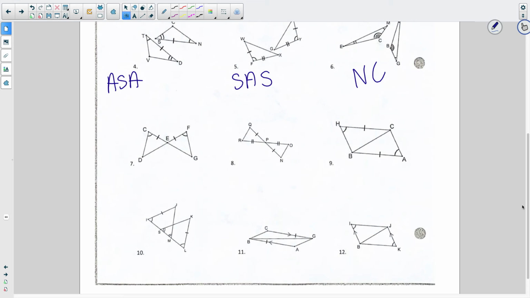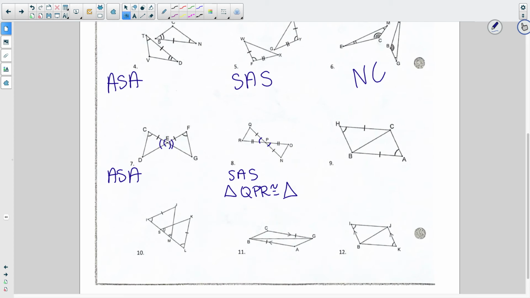All right, here we have vertical angles. So we're going to have angle, side, angle. For 8, we're going to have side, angle, side. So when I write my congruency statement, I'm going to start over here, and I'm going to say triangle QPR is congruent to, okay, so QP has 1 mark. Couldn't you know that the other side's congruent?